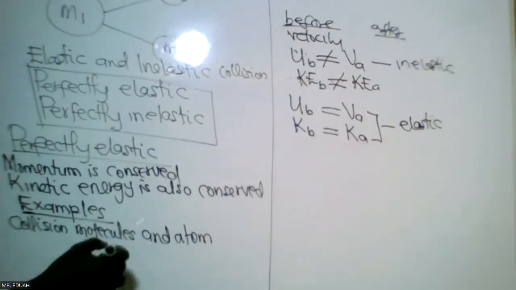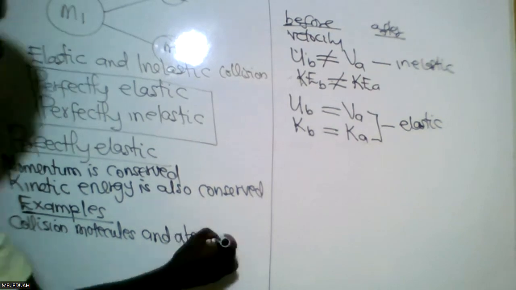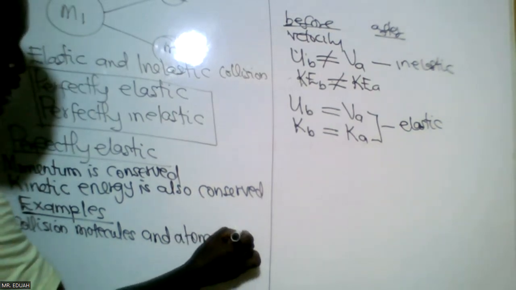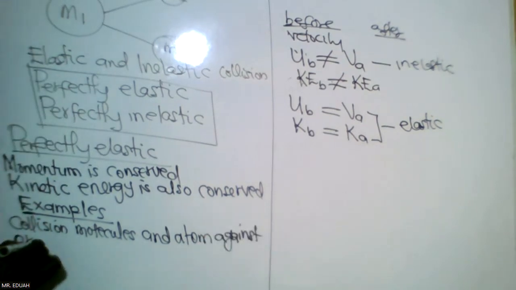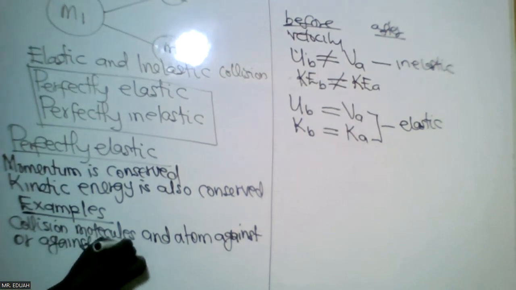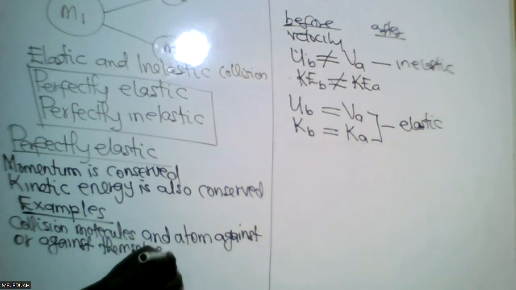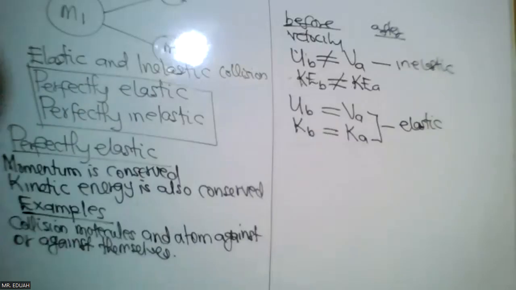Okay, collision of molecules and atoms against the container or against themselves. So the collision of atoms or molecules within a container is an example of perfectly elastic collision.